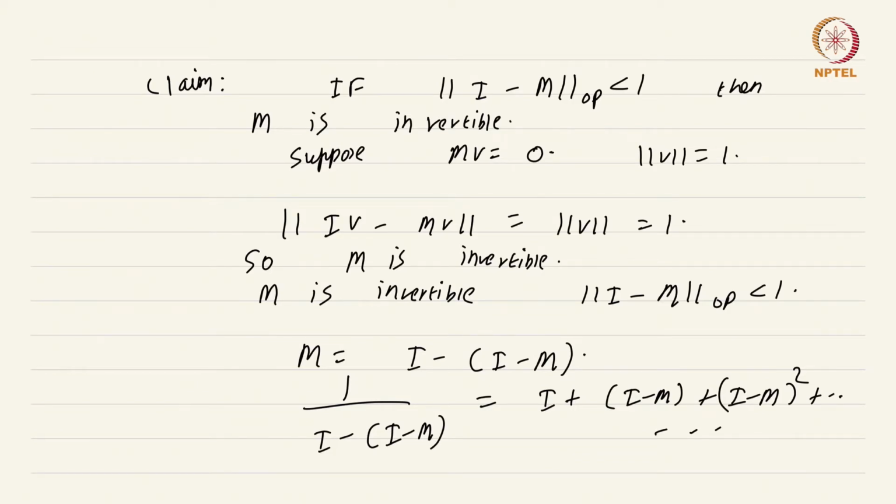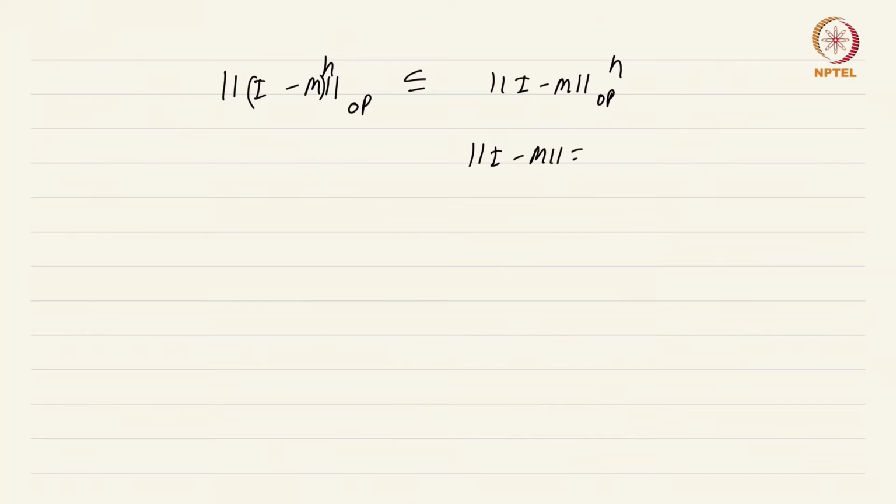Well, because the operator norm of (I minus M) to the power n is at most the operator norm of I minus M, to the power n. So if the norm of I minus M is equal to c, which is less than 1, this is less than or equal to c to the power n.